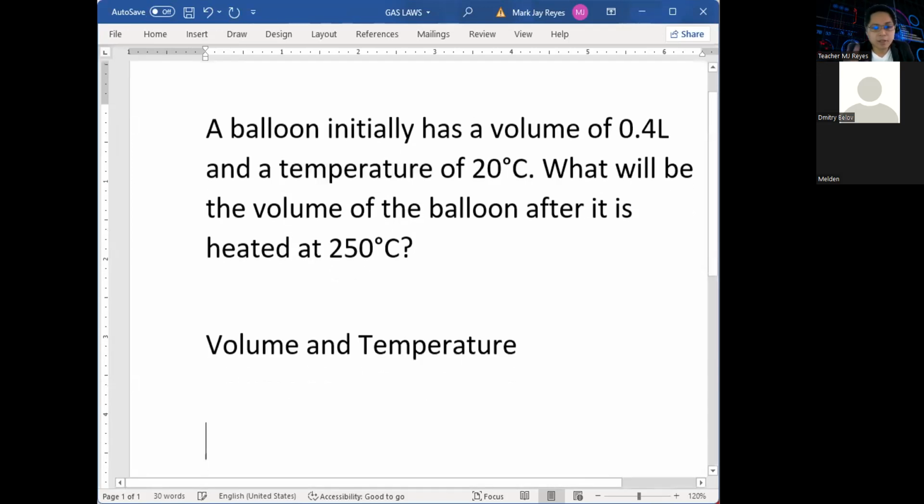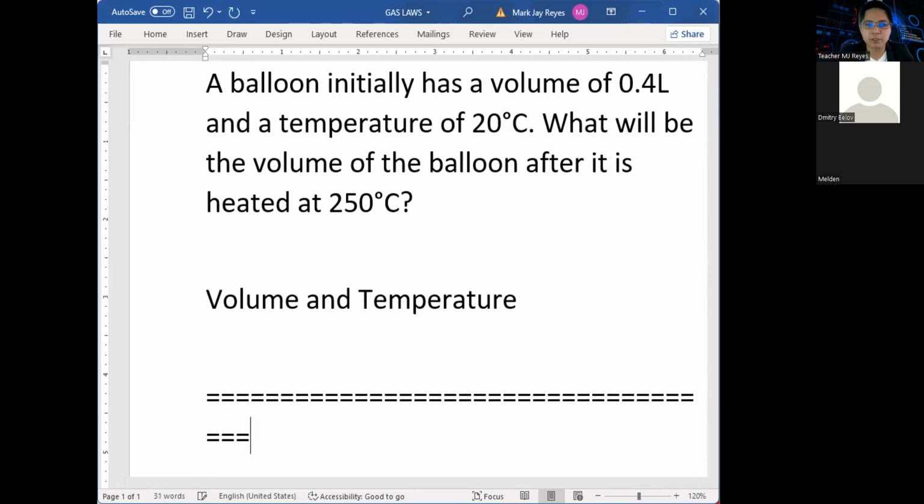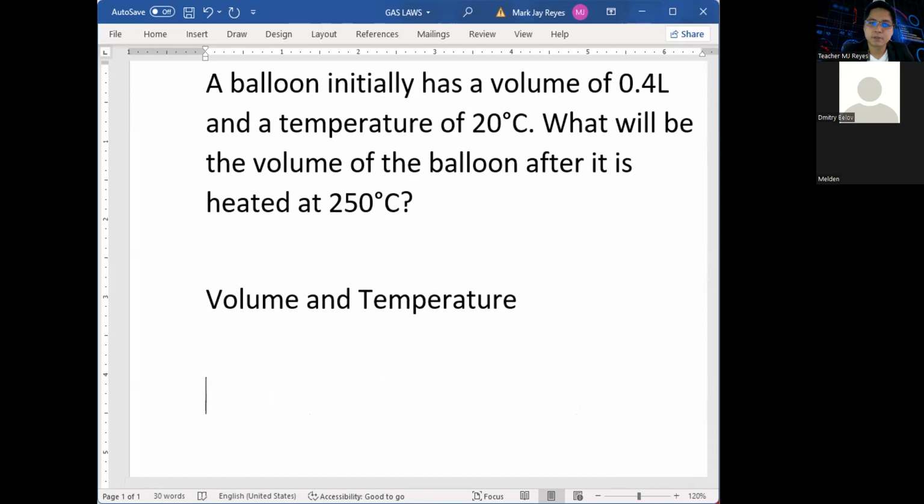Now, what is the concept involved, or the relationship between volume and temperature, based on what we had discussed? It is in your LMS, under the module handout copy. What do you think is the concept that talks about the relationship between volume and temperature?